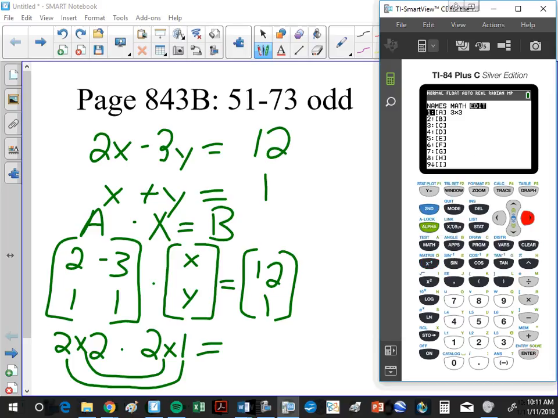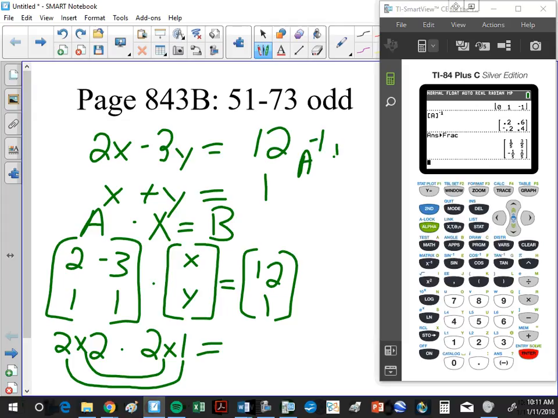We go into edit, 2 by 2, and my matrix is 2, -3, 1, and 1. Okay, so I find the inverse, and I do math fraction. So I get A inverse is equal to 1/5, 3/5, -1/5, and 2/5.